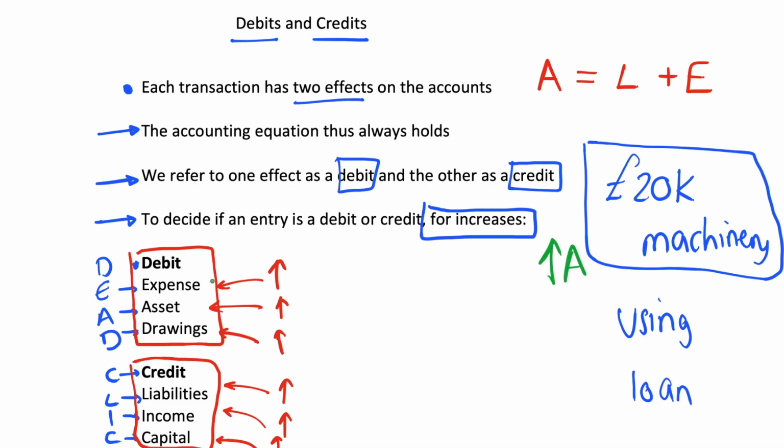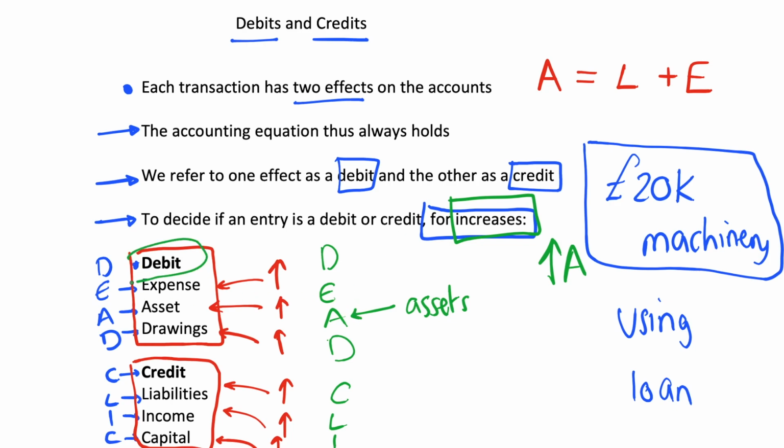So what do we have here? Well, if we look at our DEAD CLIC, I'll just write that out again just to emphasize that this is all we need to remember, DEAD CLIC. Well, we've got our A here, and this is assets. And as we said, DEAD CLIC applies for increases. So we've increased our assets. So this is in the DEAD section, so it's a debit. So this increase of assets is a debit.